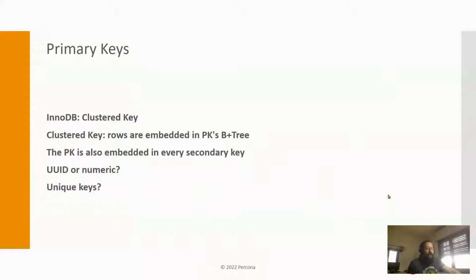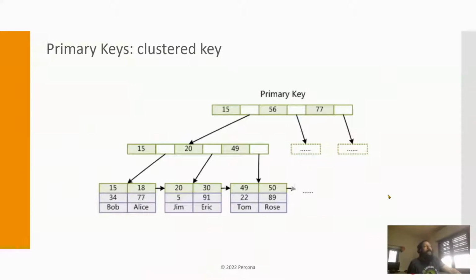So in InnoDB, primary keys are clustered keys. What does that mean? It means that the primary key will be a B+ tree, and that at the bottom of the clustered key, of the primary key, in the so-called basement nodes or leaf nodes, we will find not only the value of the primary key, 15, 18, 20, 30, but we will also find the whole row for that primary key.